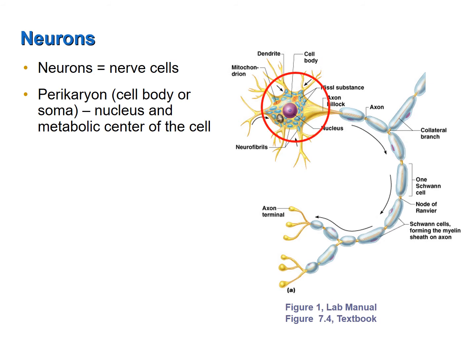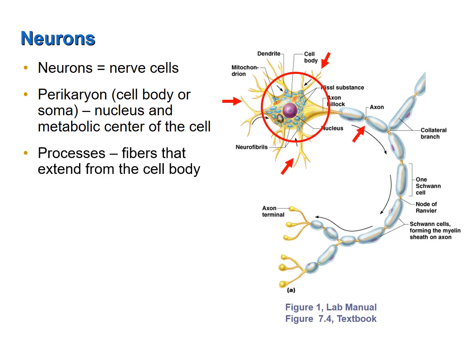In addition to the perikaryon, the other portion of the neuron include the processes. A process is nothing more than a nerve fiber that extends from the cell body. And as you can see in this example, there's several fibers extending from the cell body. The specific name of these fibers really depends on their function.